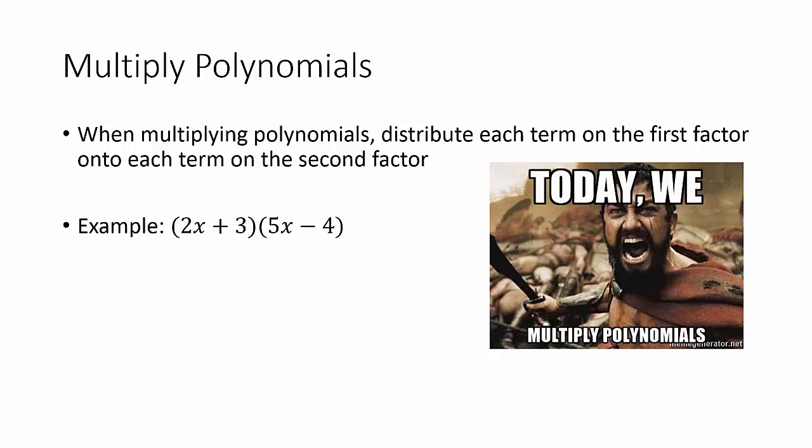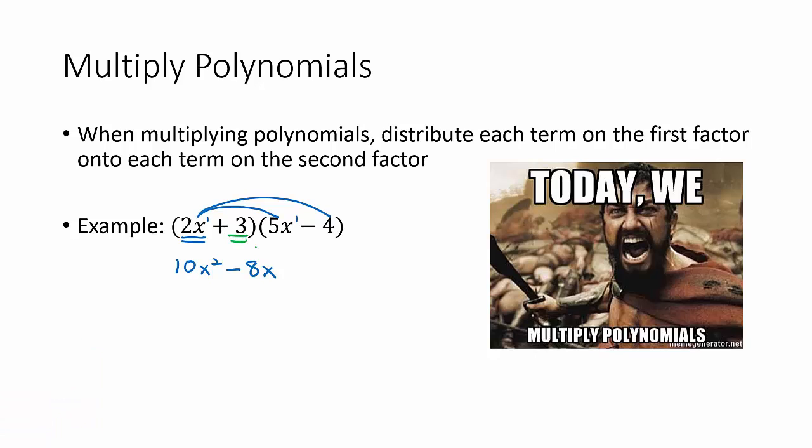So for example, we have 2x plus 3 times 5x minus 4. We'll take this first term of 2x, and we're going to distribute it through onto the other factor. So 2x times 5x is 10x squared, 1 plus 1. And 2x times negative 4 is negative 8x.